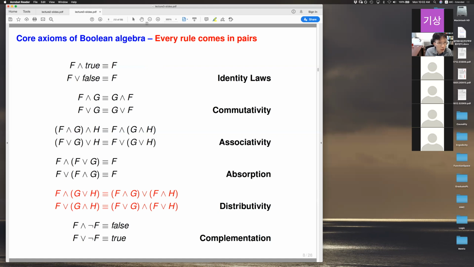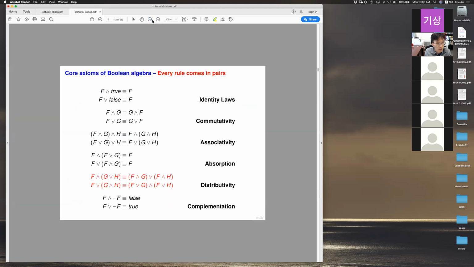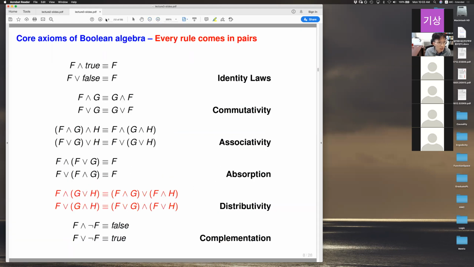The other axioms are related to very well-known algebraic structures, if you are already familiar with them. The first three rules correspond to so-called commutative monoids.